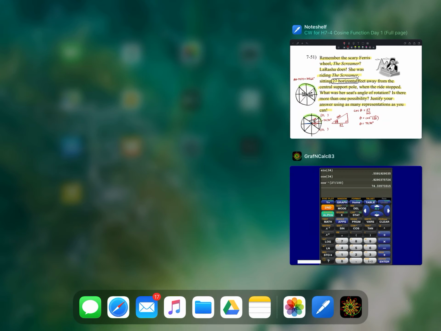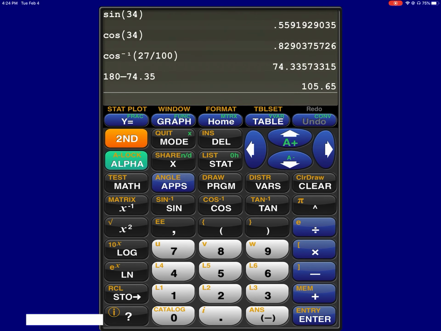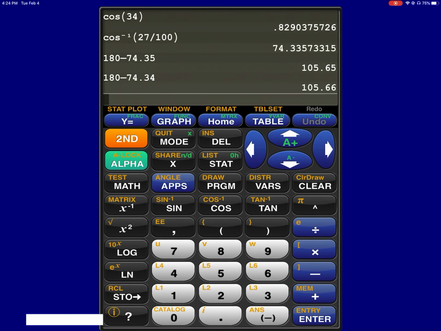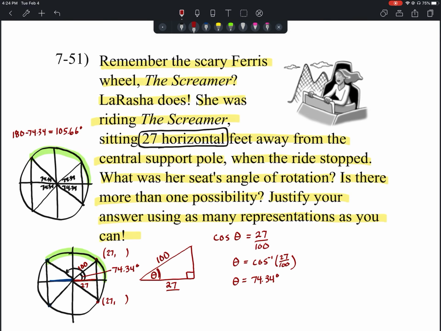Let's go ahead and double check that. 180 minus 74.34. Enter. 105.66. Go, Mr. Boyd. So that's the angle that went to here.